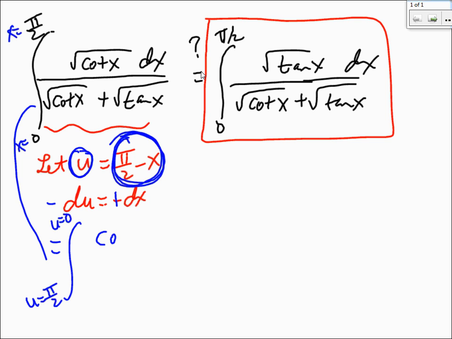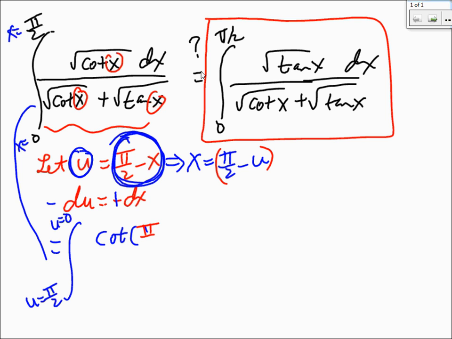And we have the cotangent of x. Oh, so this tells us that x is pi over 2 minus u. So all the angles right now are called x, so they're all just going to become pi over 2 minus u.